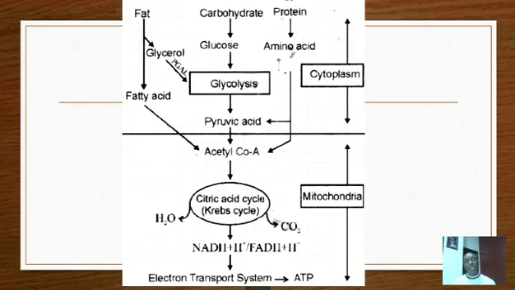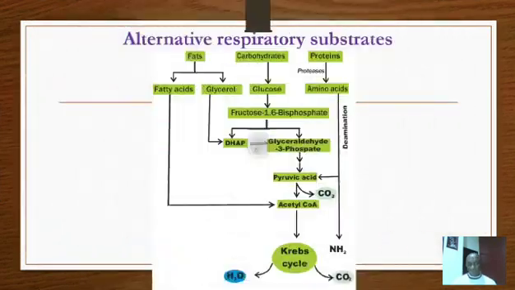Glycerol enters the glycolytic pathway as PGAL, or as TP, or as GALP, while the fatty acids, when they undergo beta oxidation, form acetyl that combines with coenzyme A, thereby forming acetyl-CoA. Remember, acetyl-CoA is within the mitochondria, but glycolysis occurs within the cytoplasm. So that is for the fats.